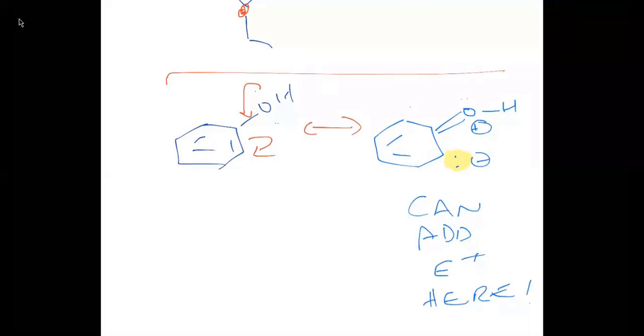Right. And then if I draw the next resonance form, I'll push this pair here and push this pair onto this carbon outside the ring. I'll just draw it in red.